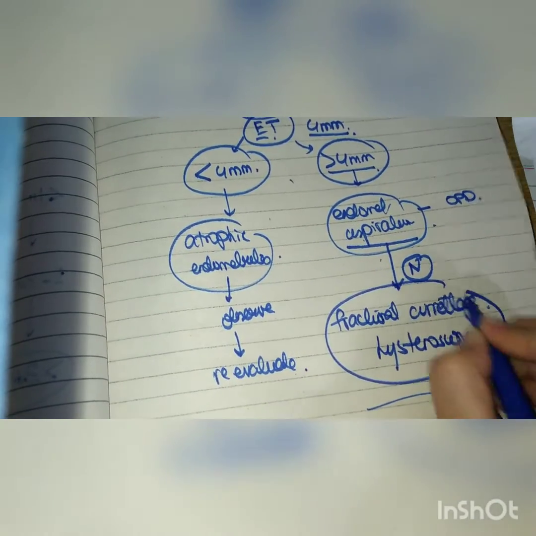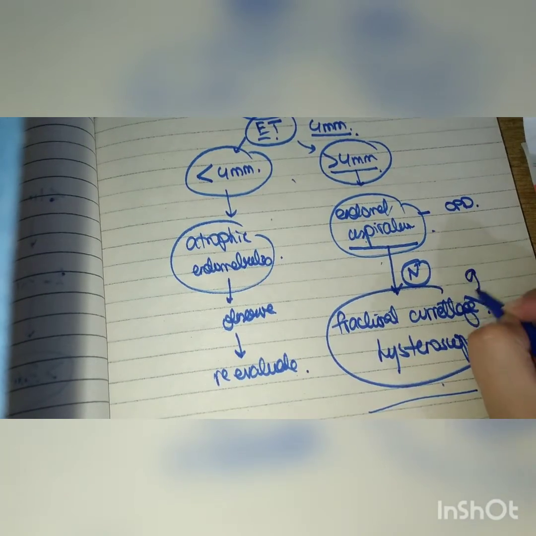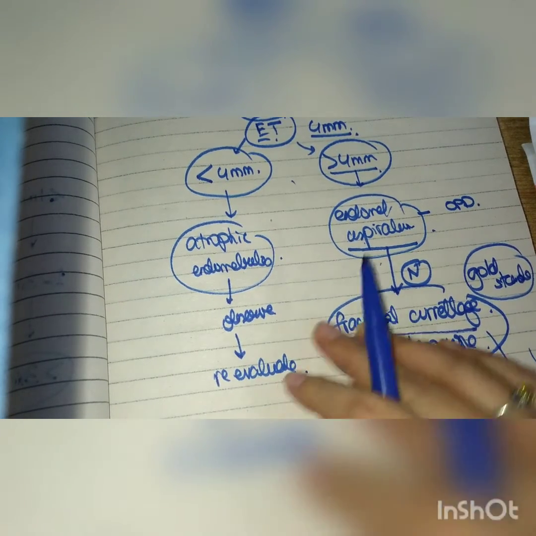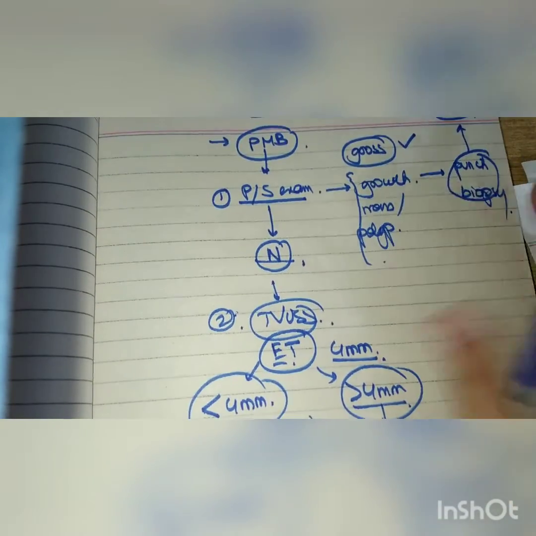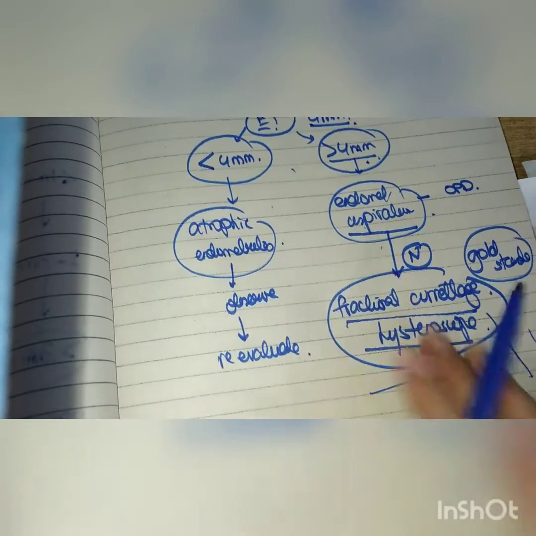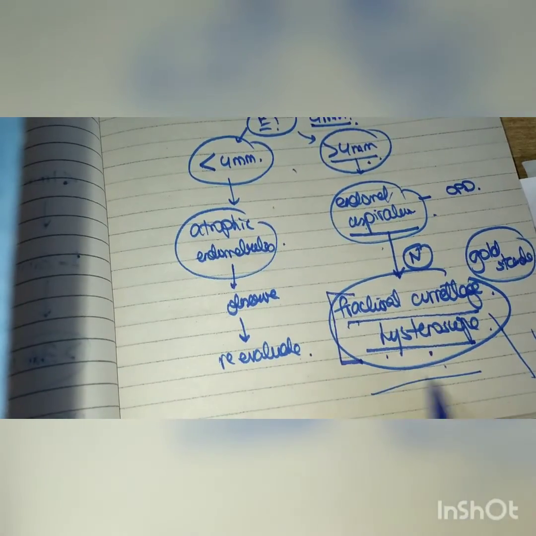Please remember this term because this is the gold standard. Fractional curettage with a hysteroscope is the gold standard for a patient who presents with postmenopausal bleeding and whose endometrium is thicker than 4 millimeter.